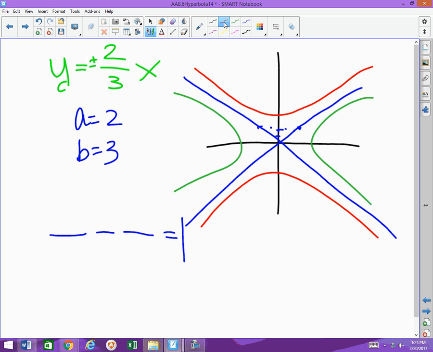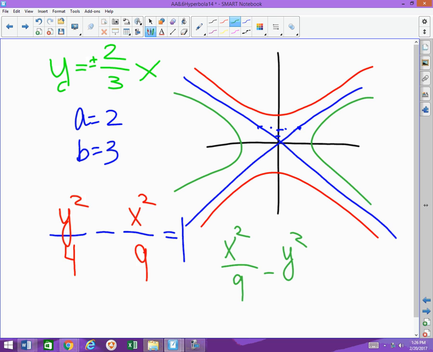Well, then it would be up and down, so this would be 4 here and 9 here, and so it would be y squared over 4 minus x squared over 9. And if it's the green one, then it's the other way around. x squared over 9 minus y squared over 4 equals 1.